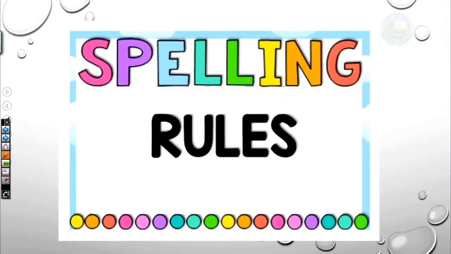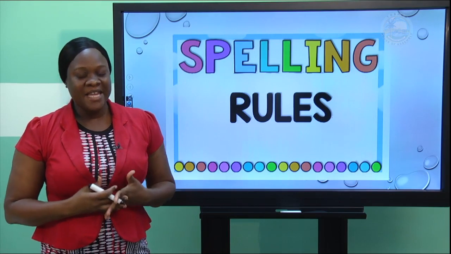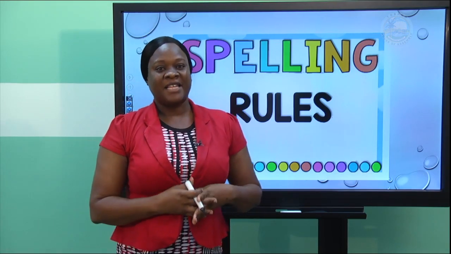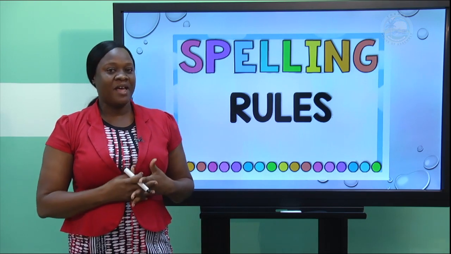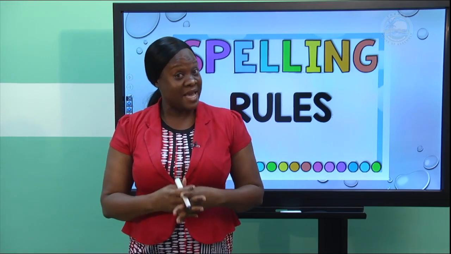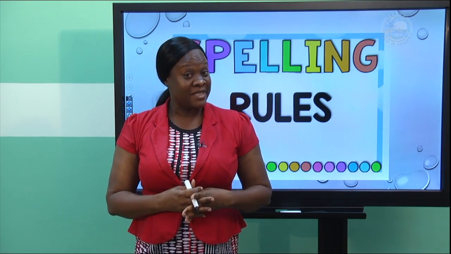We are going to move on to another spelling rule. But before I do so, can you tell me of any other word that the final consonant is changed to another letter before adding ES? Think about it.